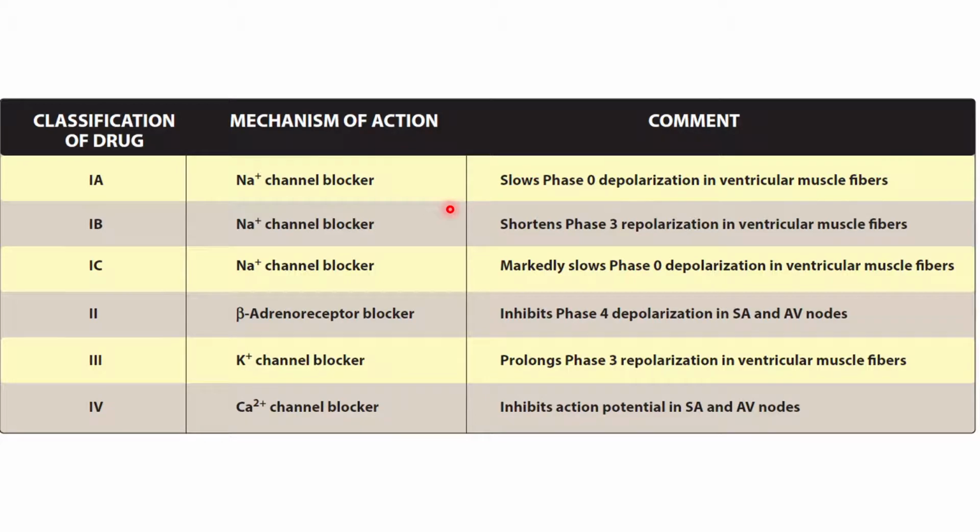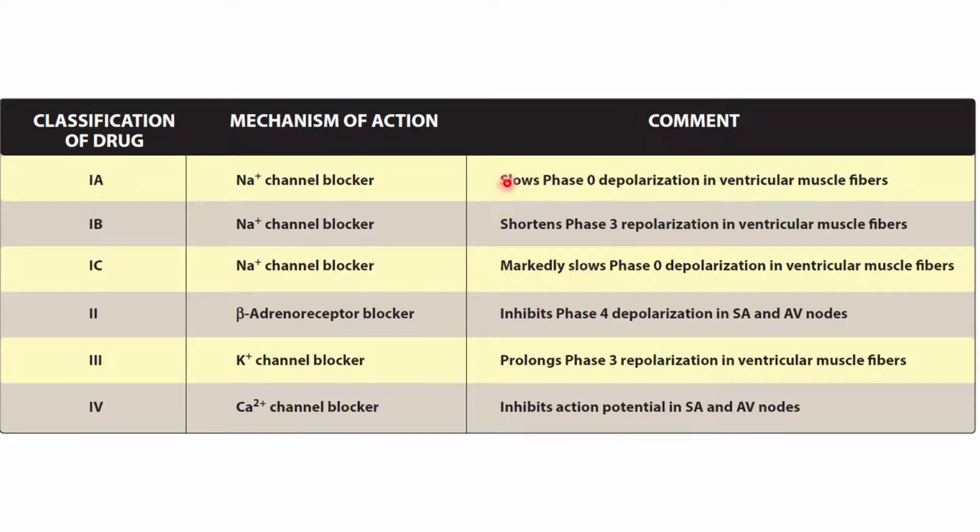So the sodium channel blockers slow the phase 0 depolarization. For the 1A sodium channel blockers, and 1B will shorten phase 3, and the 1C will slow phase 0.